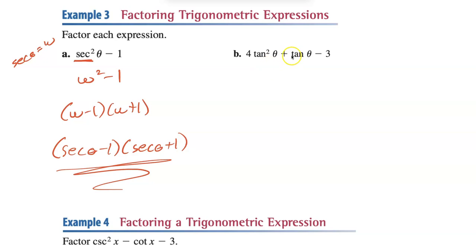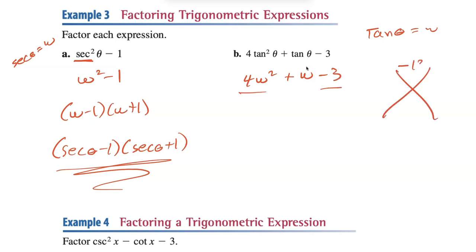But same thing here. If you have a hard time factoring this, you could just make tan into something like w. And you get 4w squared plus w minus 3. And for a lot of people, that's a lot easier to factor, right? You multiply the first and last, 1 down the middle, doing big X. The two things that multiply to get negative 12 but add to get 1 are 4 and negative 3.